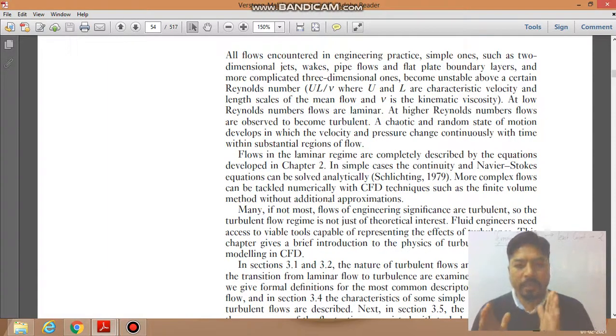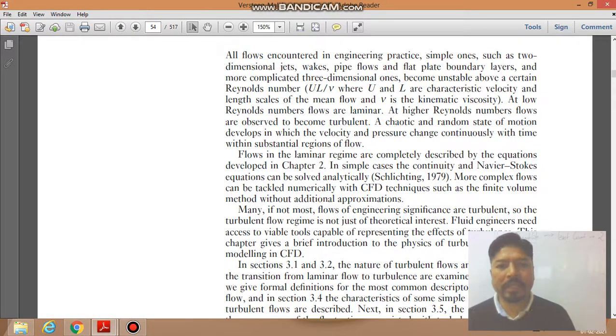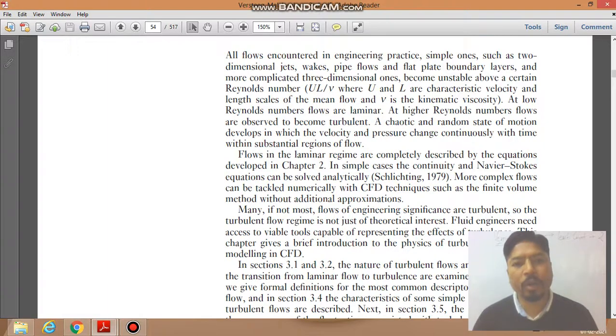For that particular purpose, I already told you that we are going to discuss two kinds of phenomena. One is the no slip phenomenon, and second is the slip phenomenon. In no slip phenomena, we discuss the fluid flow velocity near the wall. When we are solving our problem using computational fluid dynamics, we assume that the velocity component relative to the wall in the wall region will become zero in no slip conditions.